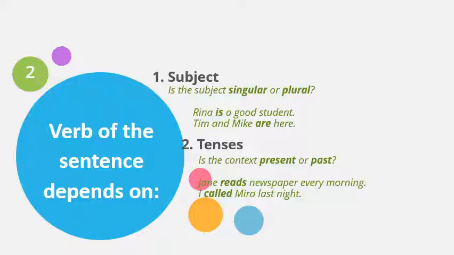Next, the verb also depends on the tenses. Tenses means the time, the context of the sentence. So you have to find out whether the context of the sentence is in the present, masa sekarang, or in the past, masa lampau. For example, Jane reads newspaper every morning. Can you find the adverb of time in the sentence?